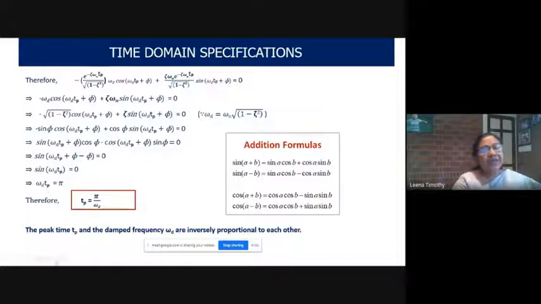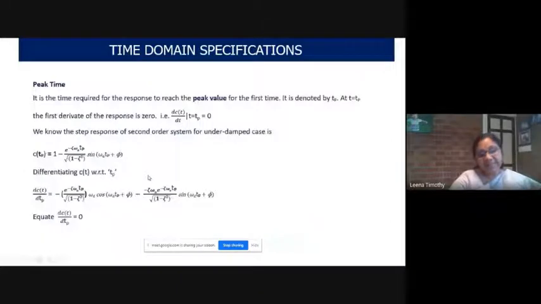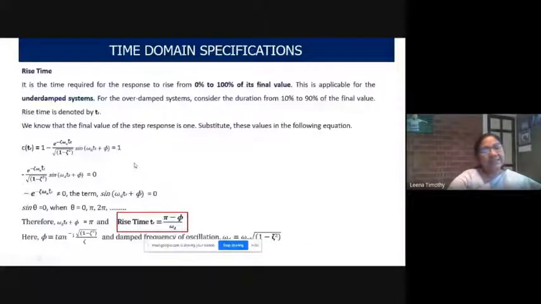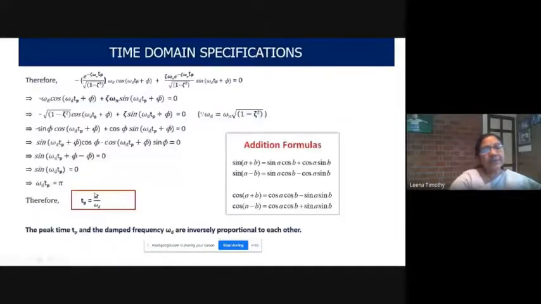So omega d Tp is equal to pi, or Tp is equal to pi by omega d, where omega d is equal to omega n into root of 1 minus zeta square.